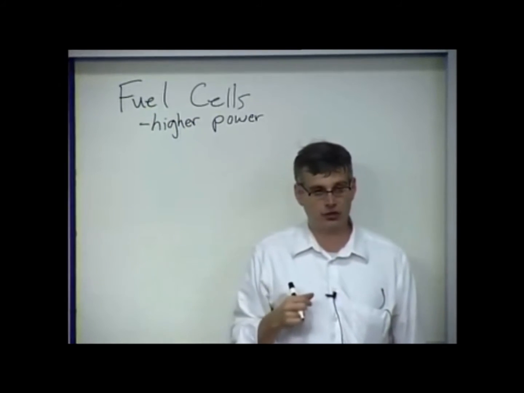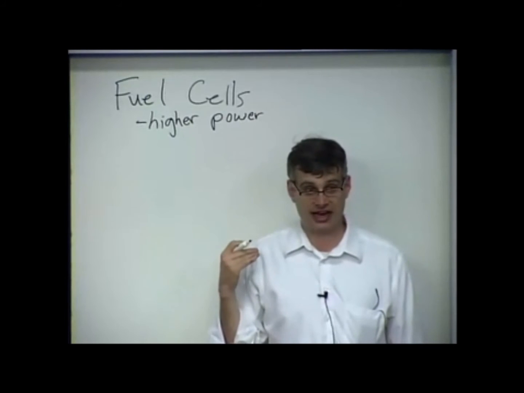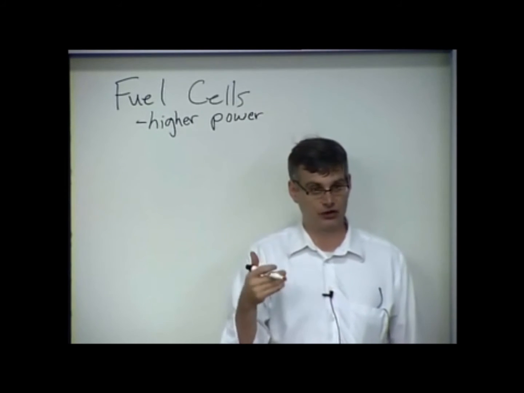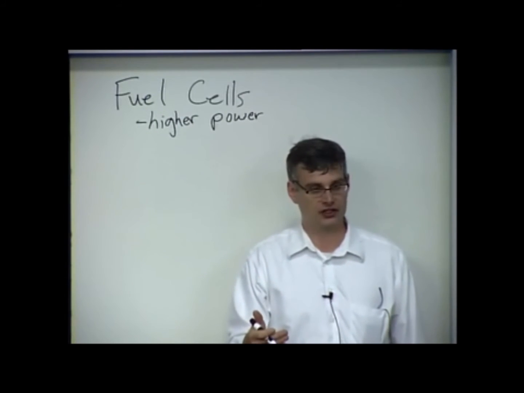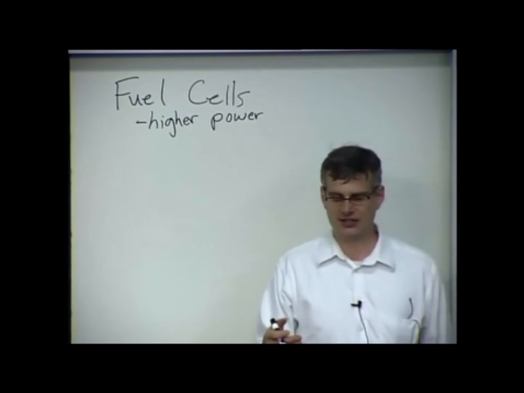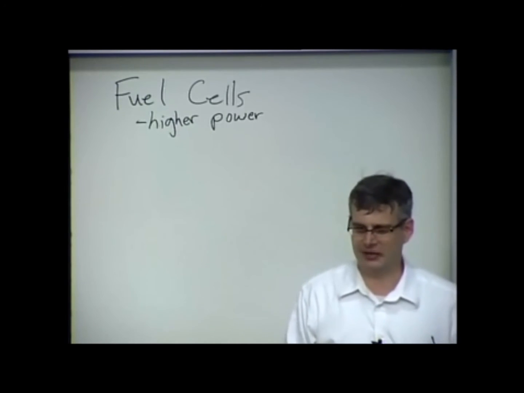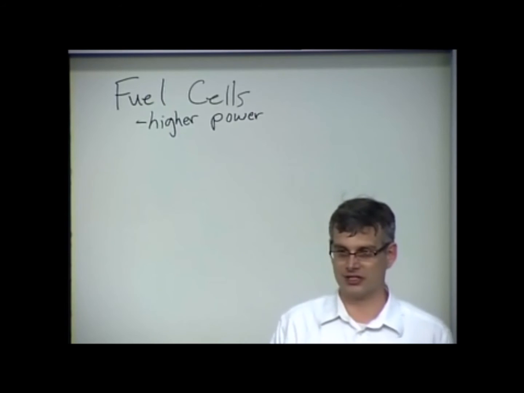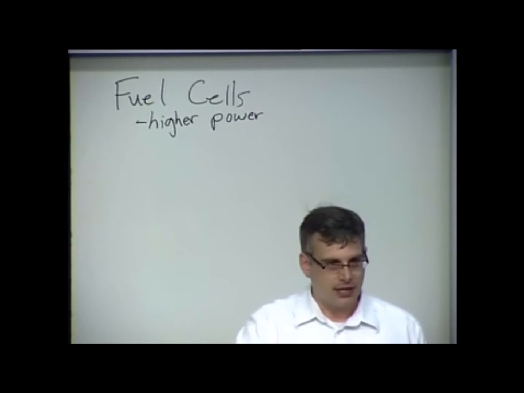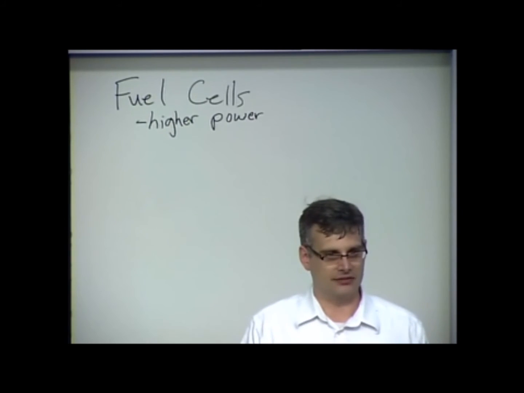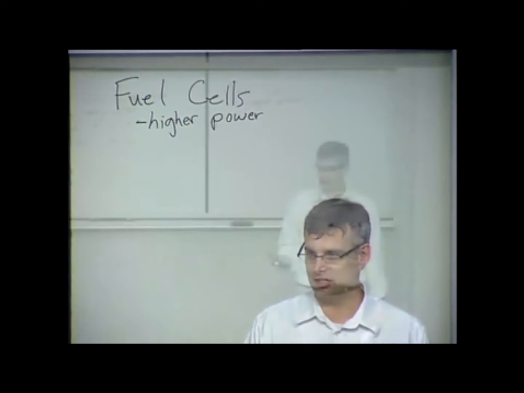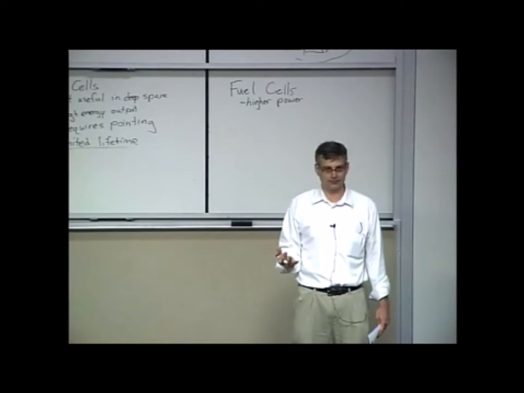And the nice thing about fuel cells is that they tend to produce a lot of output power. You can drive a lot of load in terms of amps and volts with that. That's why people have always kind of talked about using them potentially in cars and vehicles, because you can supply the type of voltage and current that you need to drive a pretty beefy electric motor.